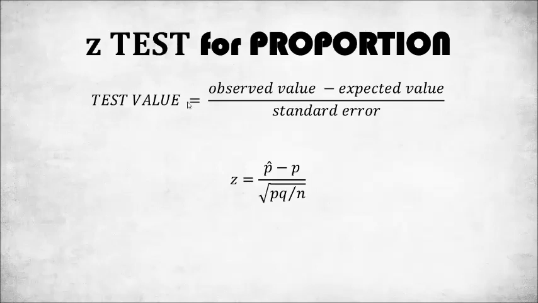Okay? So, to evaluate the observed value against the expected value, we are going to use z-score. Katulad ng one sample z-test na diniscuss ko sa part 2. Pero dito, focus lang tayo sa proportion. Pero yung steps na gagawin natin, nearly the same.